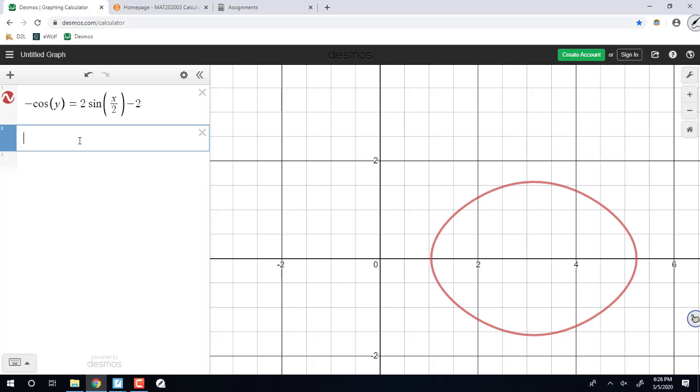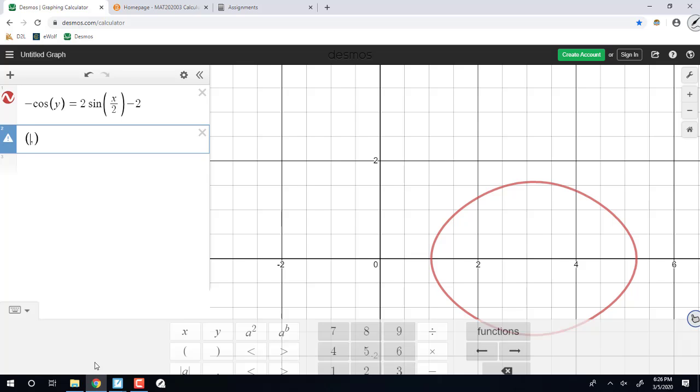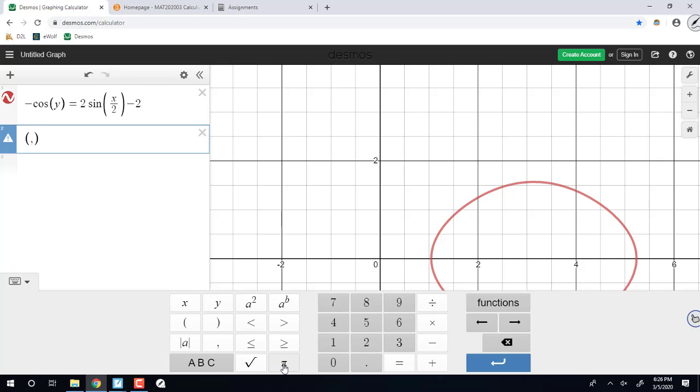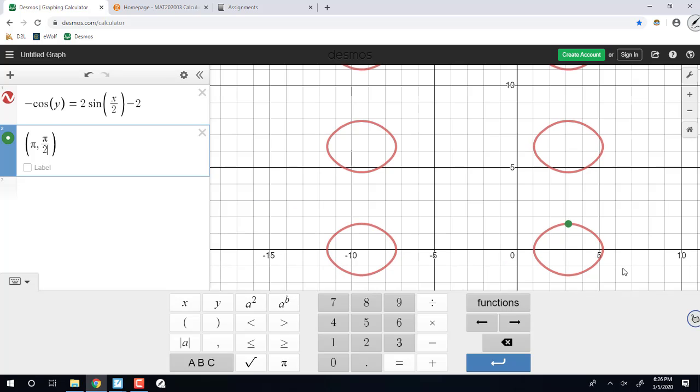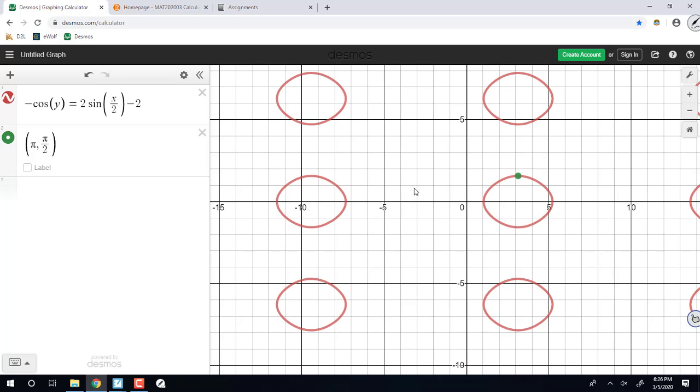We can plot that point. So there's our initial condition. It puts us on this ellipse or whatever that is. So we're not concerned with any of that other stuff. We're just concerned with what's happening right there because of our initial condition.